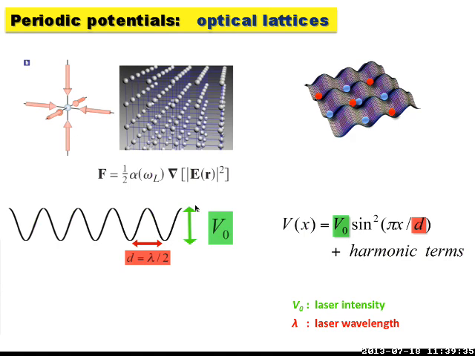So they experience a periodic potential. The periodicity of this potential is just half of the wavelength of the laser, so by changing the laser, you can change the periodicity. And the depth is proportional to the intensity of the laser. So for the experimentalist, it is very easy to realize situations where the periodic potential is weak or zero, or very, very intense.